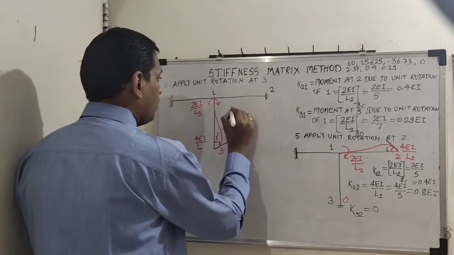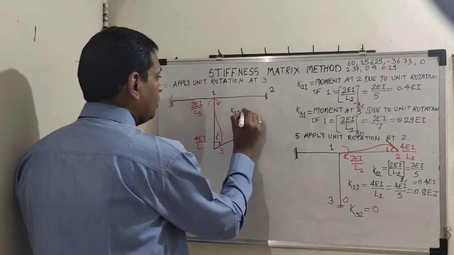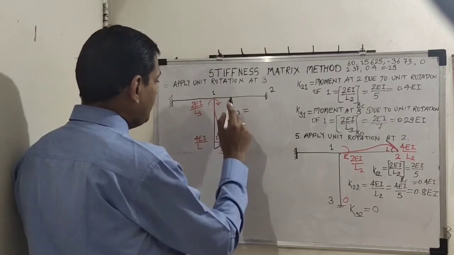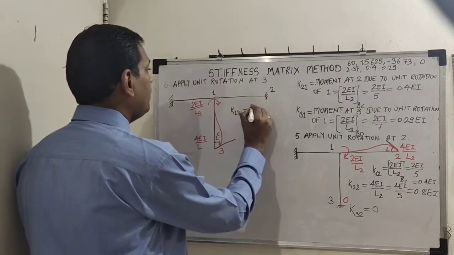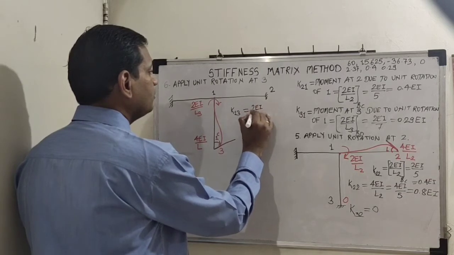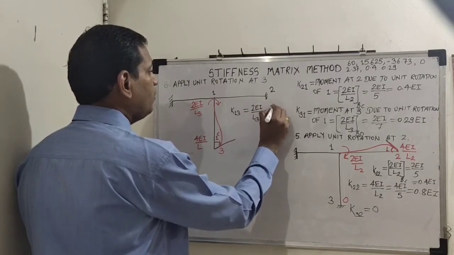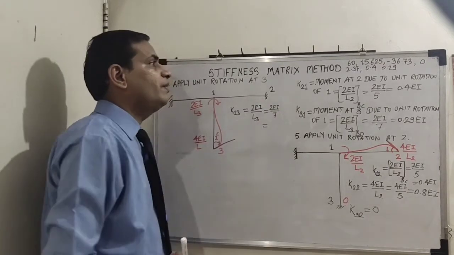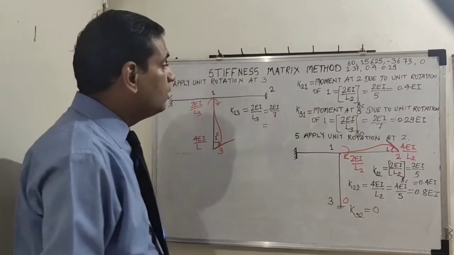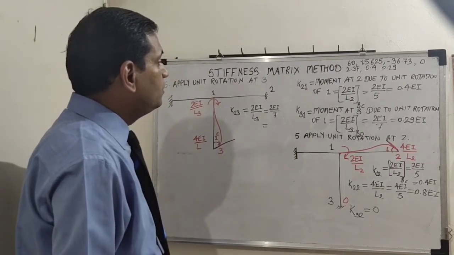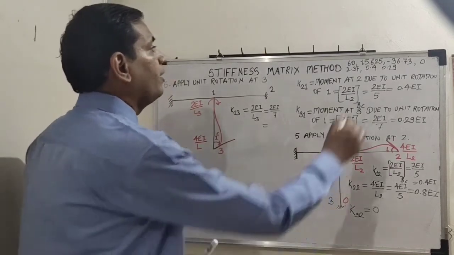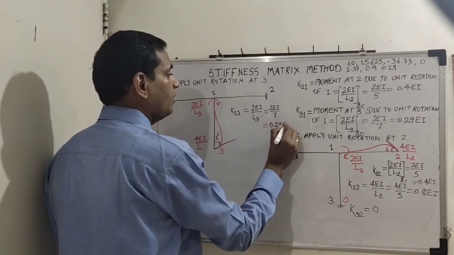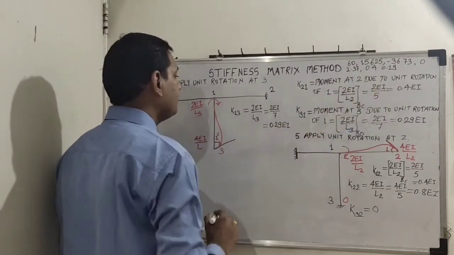K13, moment at 1 due to unit rotation of 3. What is that? 2EI by L3, which is 2EI by 7. How much is that? 0.29EI, which is equal to K13.